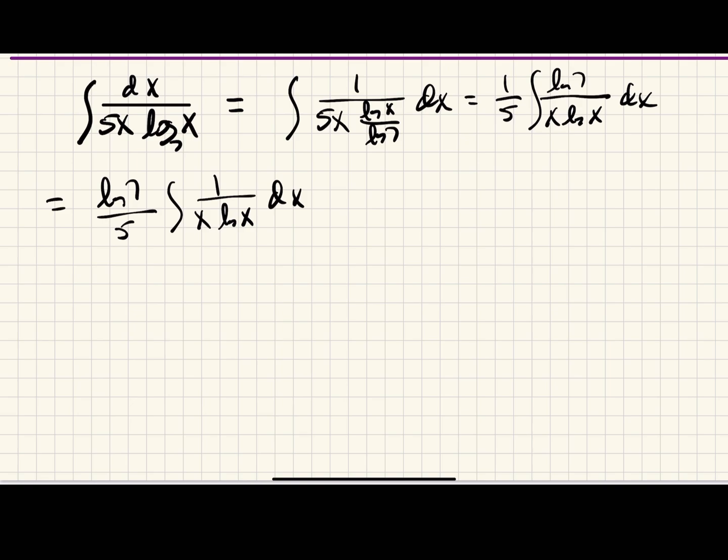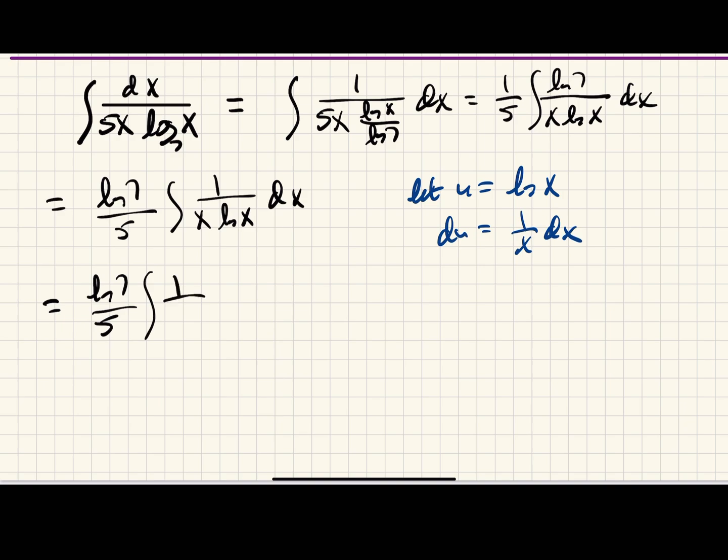So did you get it to that form? Because for me now, I'm looking at that natural log x, and I'm saying, okay, if I was to let u be the natural log of x, then du would be 1 over x dx, right? So, yeah, that's pretty nice now. Because now what I've got is natural log 7 over 5 integral 1 over u du.